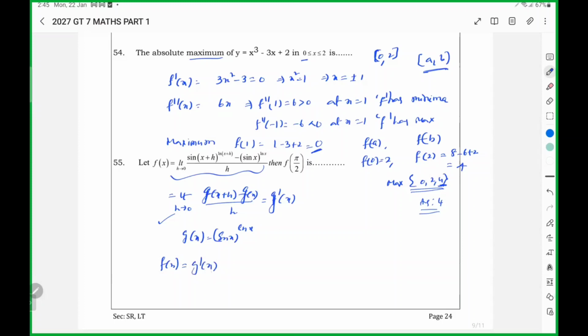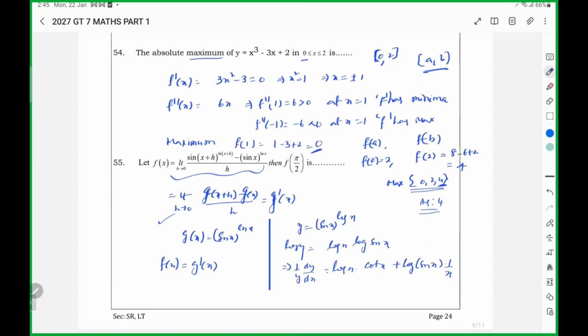Once g of x is this, you take y as sin x power log x, log y if you take is log x into log of sin x. 1 by y dy by dx is log x into 1 by sin x into cos x plus log sin x into 1 by x. y into log x cot x plus log sin x by x.